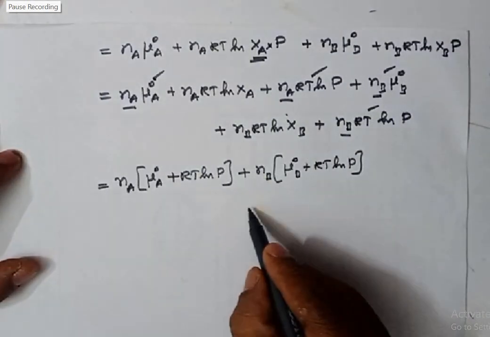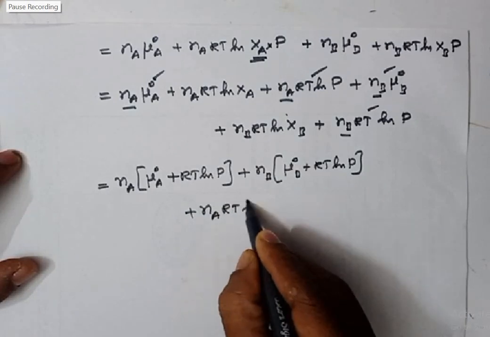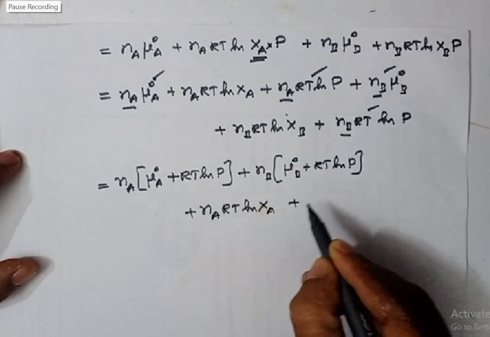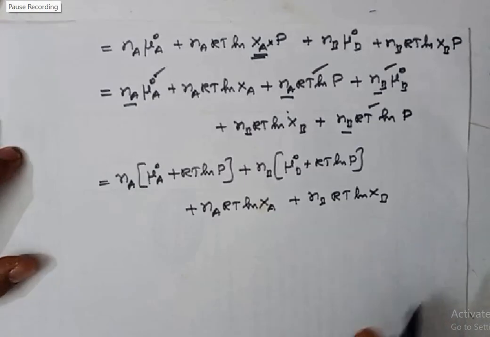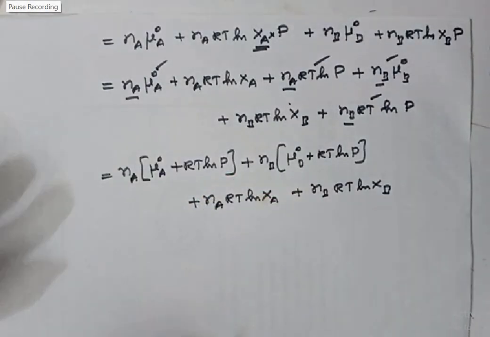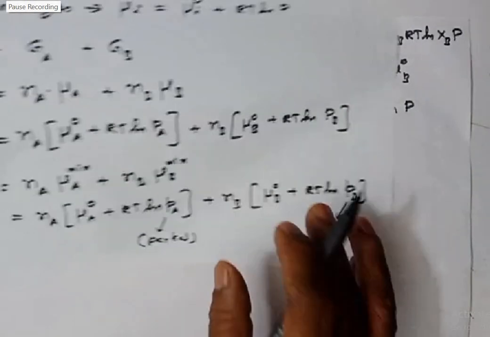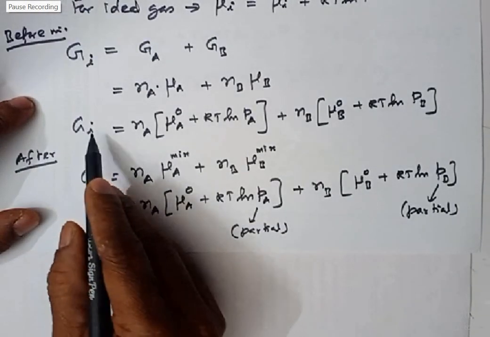Then the remaining terms we have: number of moles of A into RT ln XA plus number of moles of B into RT ln XB. Now, observe carefully. What is GI? Gibbs free energy in the initial stage.